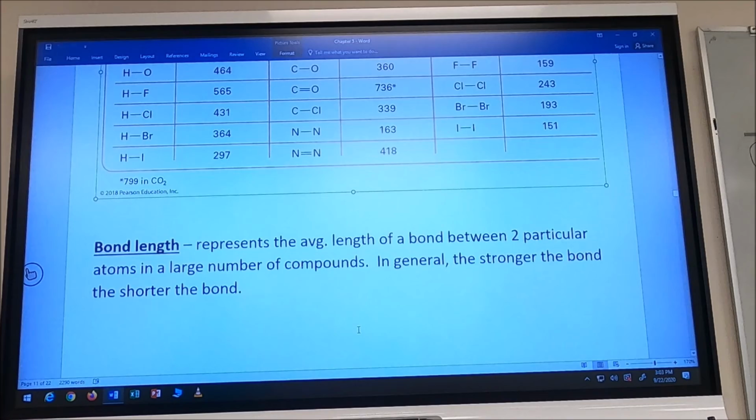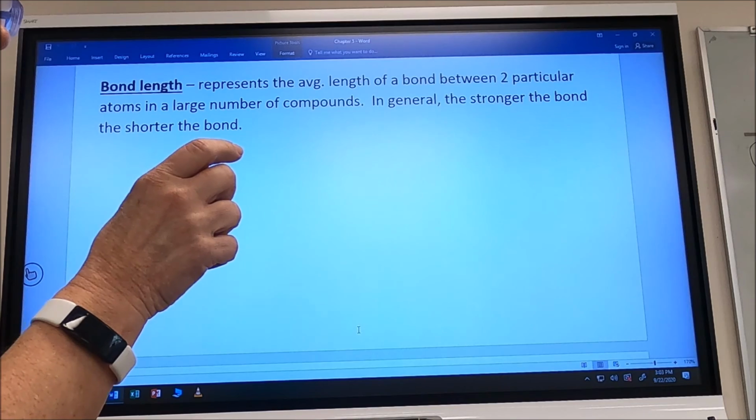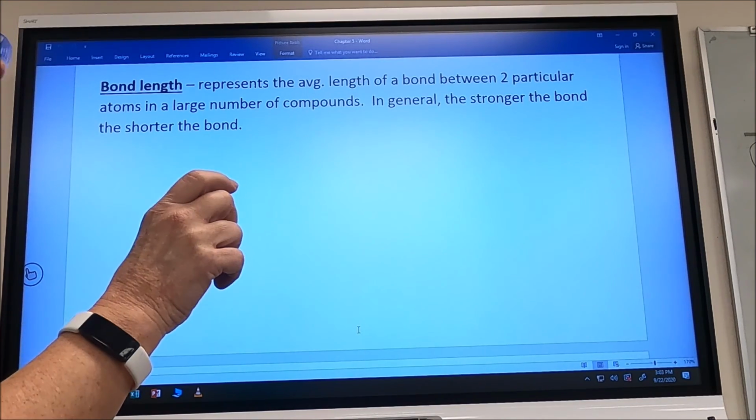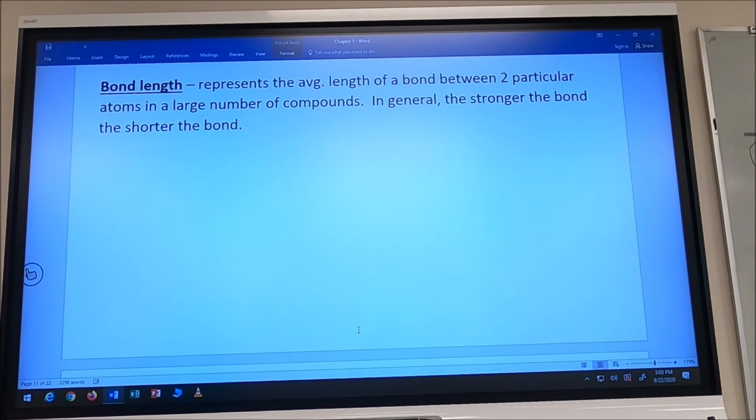Okay, and notice just different bonds, different bond strengths. Okay, let's scroll up. Bond length represents the average length of a bond between two particular atoms in a large number of compounds. Different compounds, you can see the bond between the exact same two atoms be slightly different lengths. So when we talk about bond lengths, we're talking about an average length. In general, the stronger the bond, the shorter the bond is going to be.